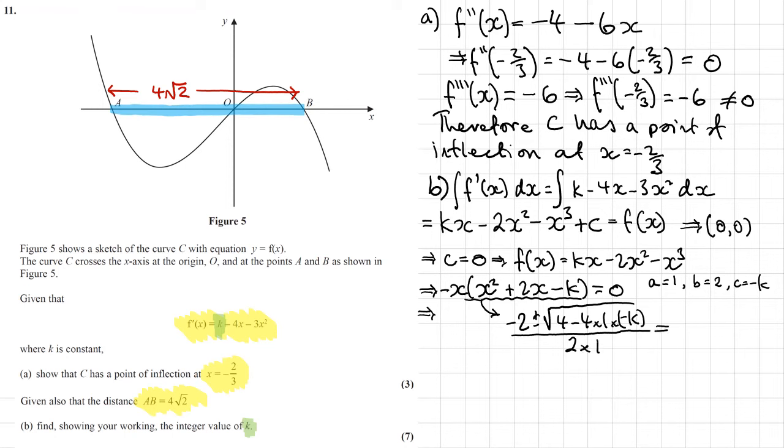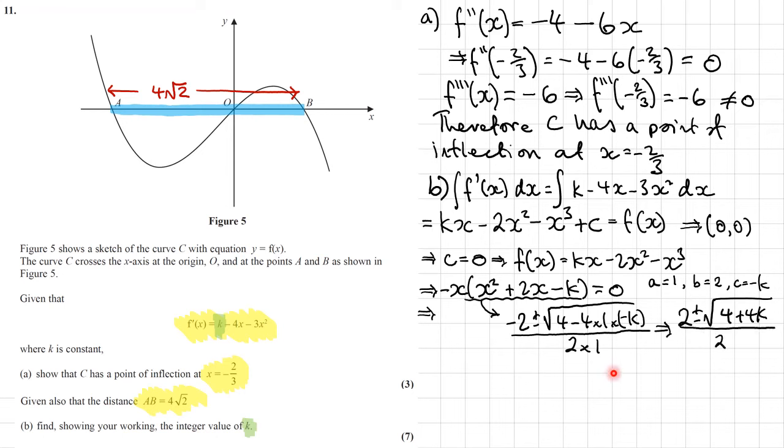Let's see what that gives us. So negative 2 plus or minus square root of 4, I think, then plus 4k. So 4 plus 4k over 2.